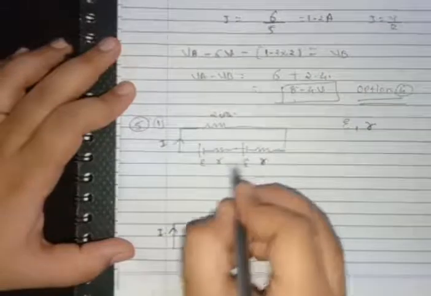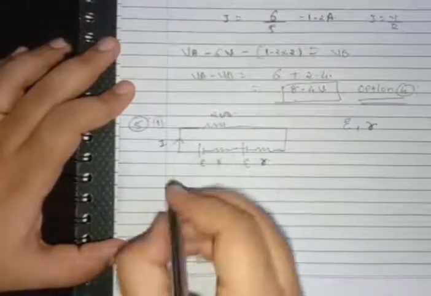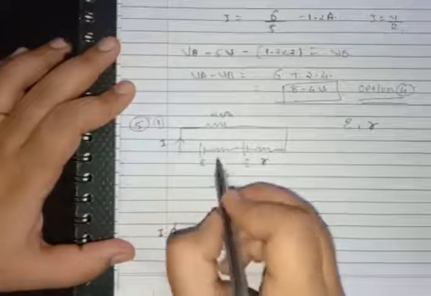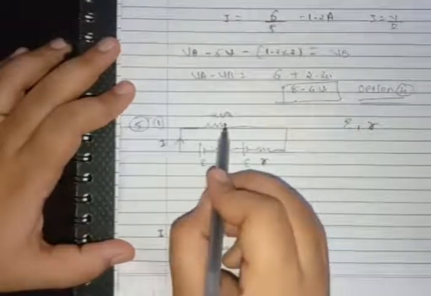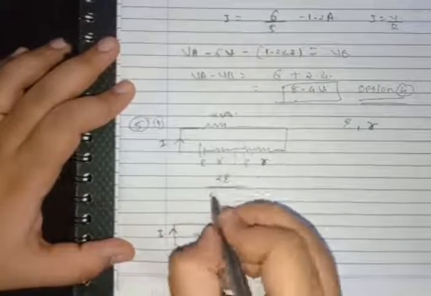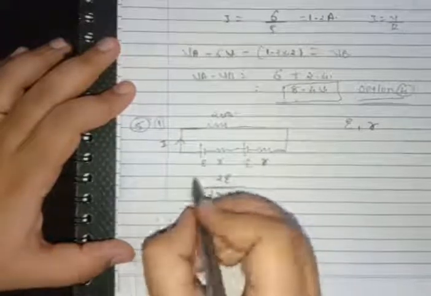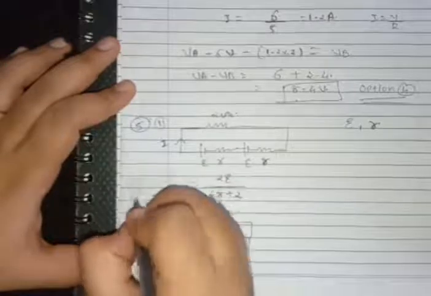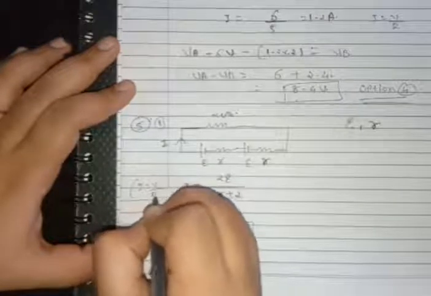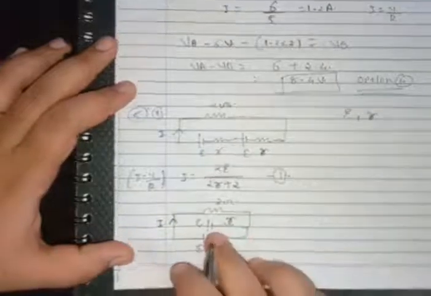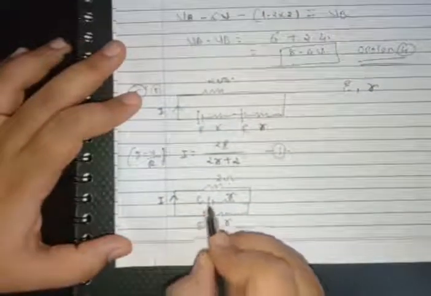Here, as E and E are connected in series, the net EMF will be 2E, and this r, r and the 2 ohm resistor are in series, so R equivalent will be 2r plus 2, and I equals V by R. In the second case, these cells are connected in parallel.